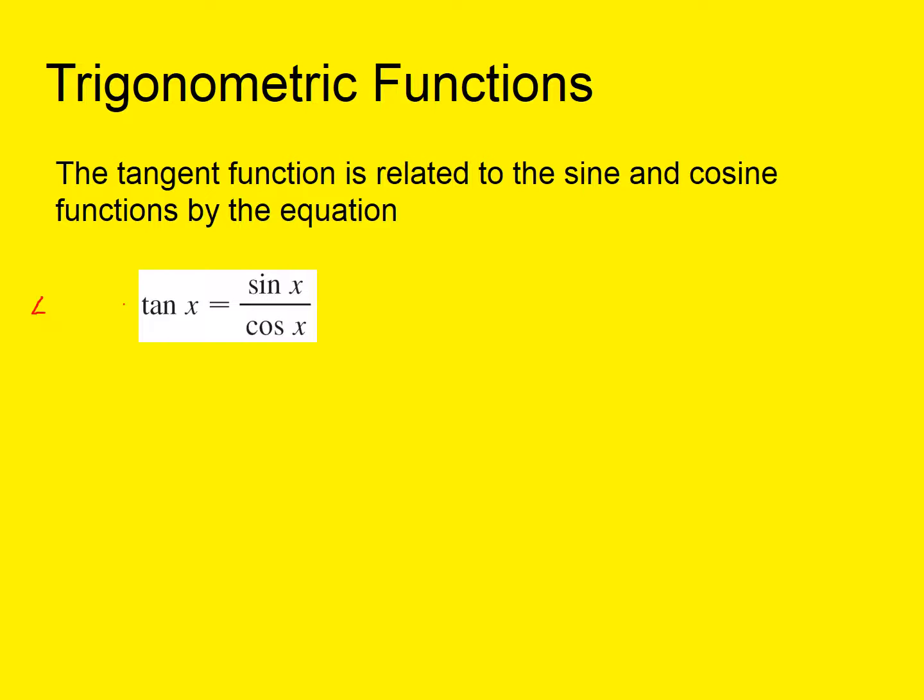Now, we explained how the sine was just the y value, and the cos is just the x value. Tan is actually y over x, but keeping it in the white box, we'll think of tan as sine over cos.